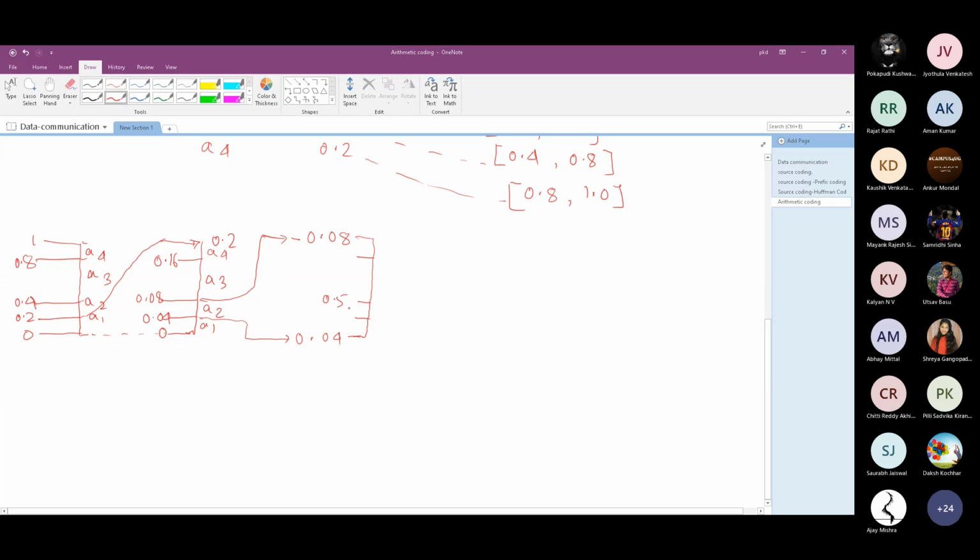So basically, like that. The first one is 0.04, and the second one is 0.04 plus that, which is 0.048. This one is 0.056. This is 0.07.